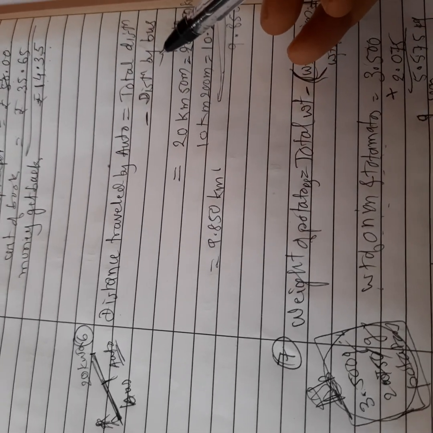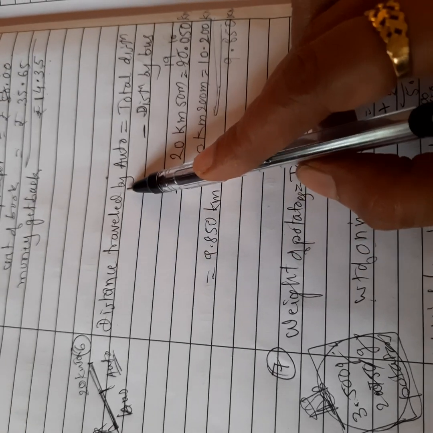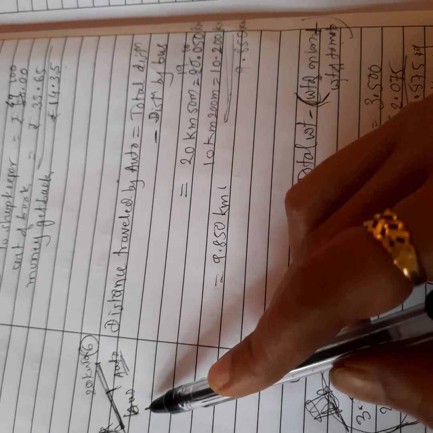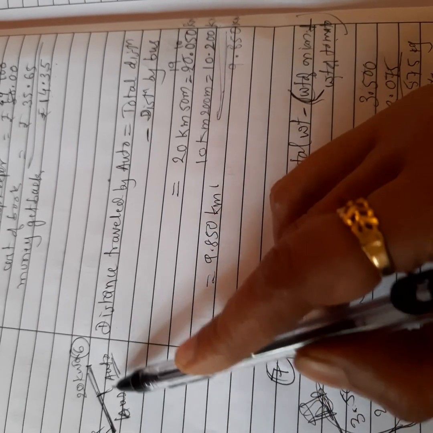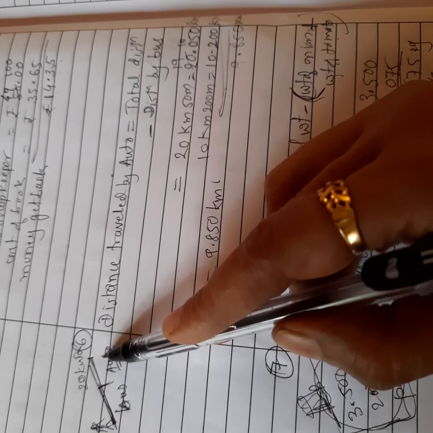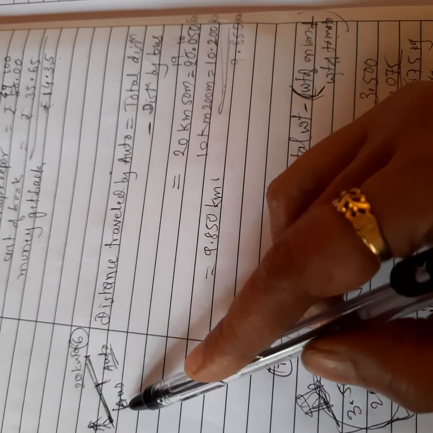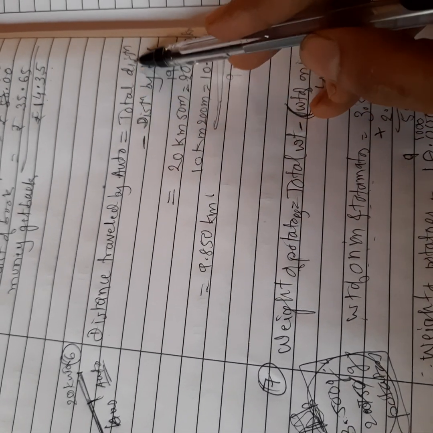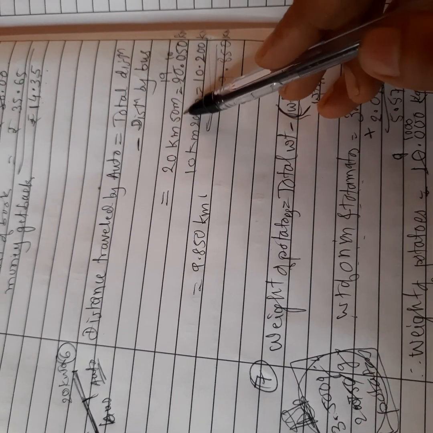Now next it is given that a girl has travelled some distance. The total distance she travels is 20 kilometers something. Some distance she travelled by bus, and the rest by auto. So how much is the distance travelled by auto? That will be the total distance minus the bus distance. Here the total distance is given as 20 kilometer 50 meter.